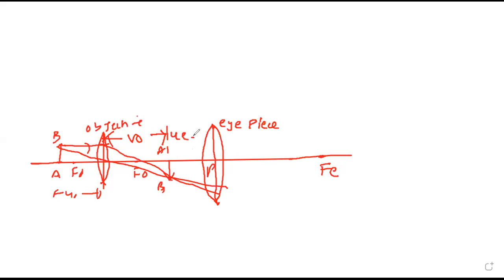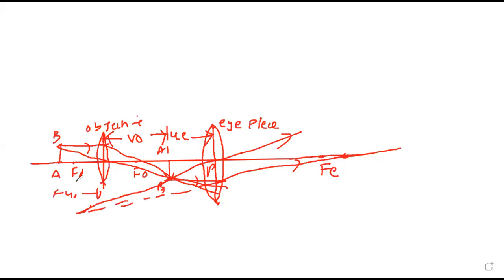Let UE be the distance of the object from the eyepiece, and VE be the distance of the image. Beta is the angle subtended at the center of the lens.